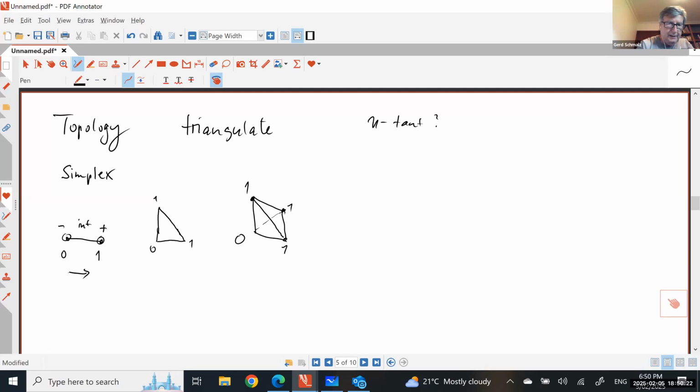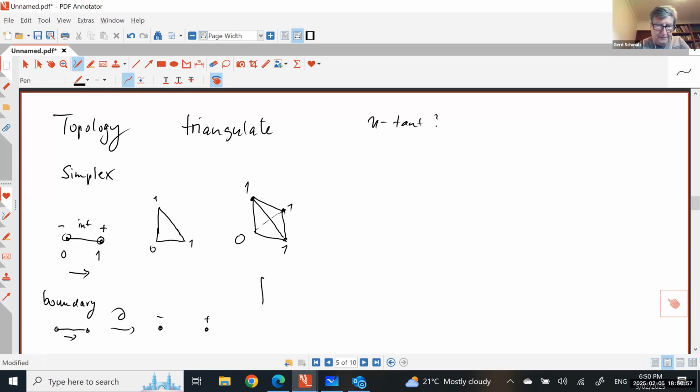So we can here have the boundary operator in topology. So to this thing we apply the boundary operator, and this is these 2 points. And this is oriented, and this is also oriented. And now we can have here also a boundary operator.